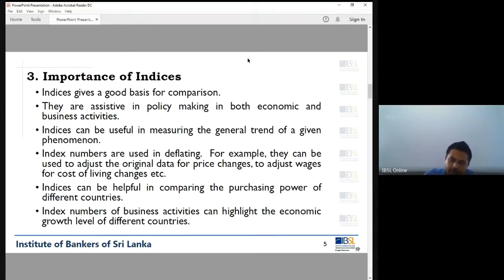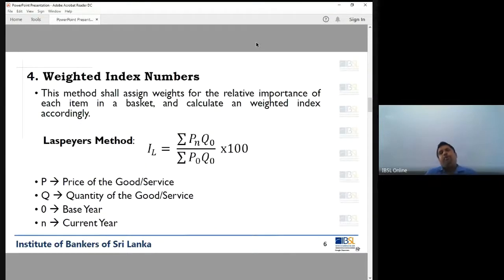Moving on, now comes the interesting part. Now we are going to do some index computations. We are going to discuss two methods, Laspeyres and Paasche, to do this index computation.